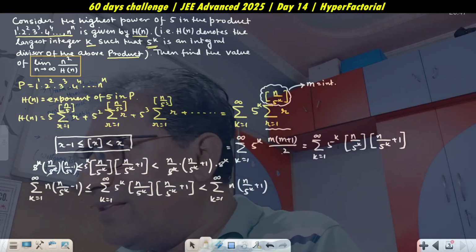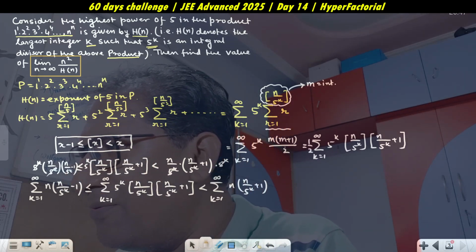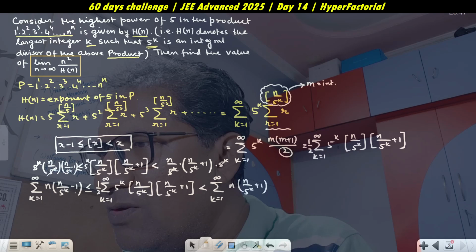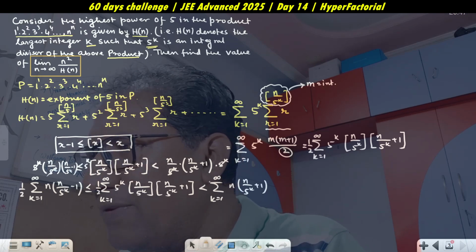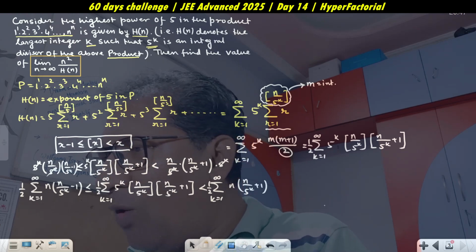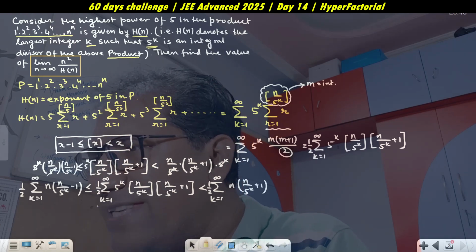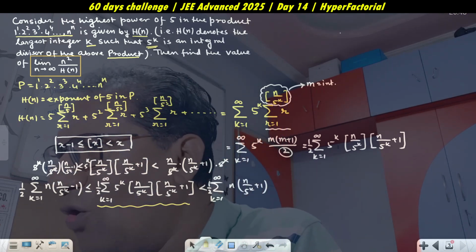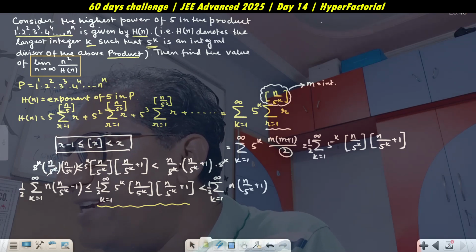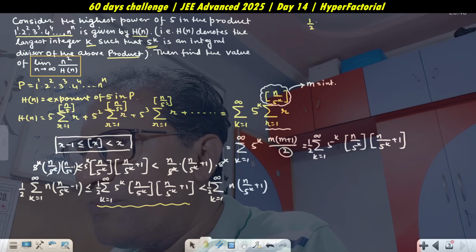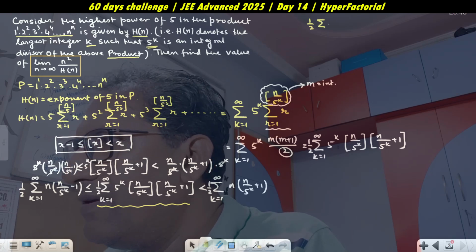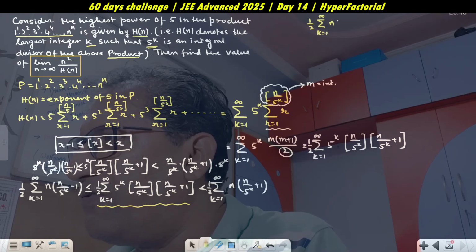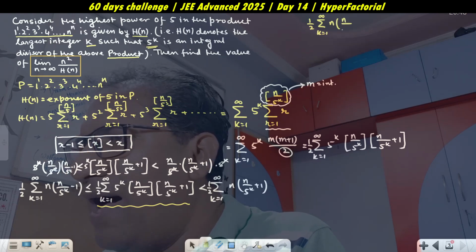Okay. Now, one thing I have forgotten to write here, there is a half. This 2 will come outside. So let me just multiply with half all sides. So half is here. Half is also here. Now, what is this? This is basically your Hn. So what we got? I got half sigma k from 1 till infinity, n into n by 5 to the power k.